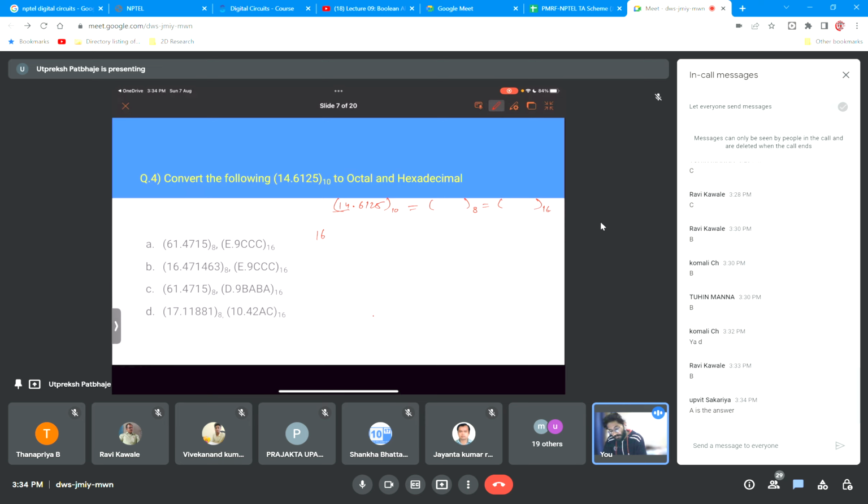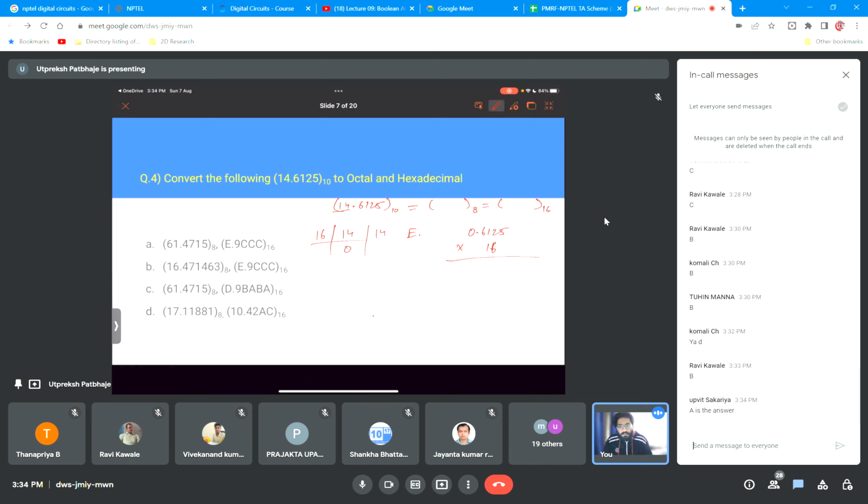If I divide this, it will be directly 14, and 14 is represented by E in hexadecimal. So this becomes E point something, 0.6125. You have to keep multiplying by 16 till whatever precision you need.